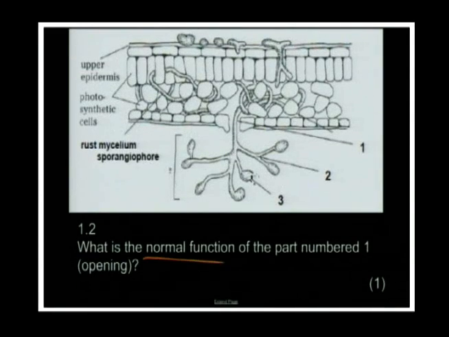What is the normal function of part number 1, which is the opening? And remember, we said the guard cells or the stomata. Now that they've said it's the opening, we know it's the stomata.